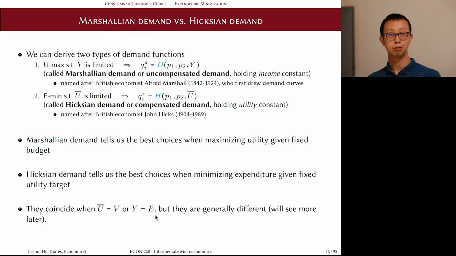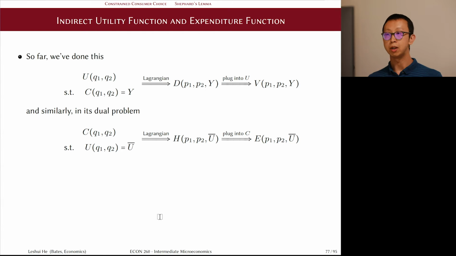If you set the budget level y in the utility maximization problem to be the resulting expenditure level E in an expenditure minimization problem, then the Marshallian demand will also turn out to be the same as the Hicksian demand. So far, what we've done is essentially a pair of parallel derivations. We started from one of the dual problems and derived their respective demand functions.